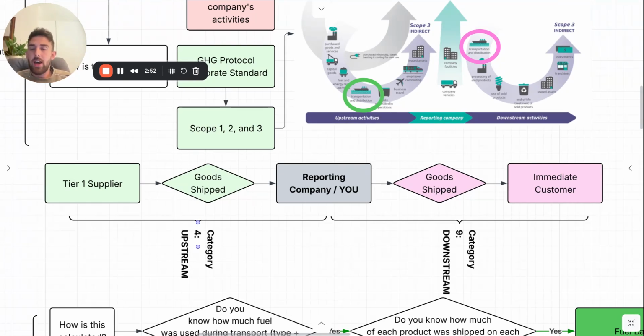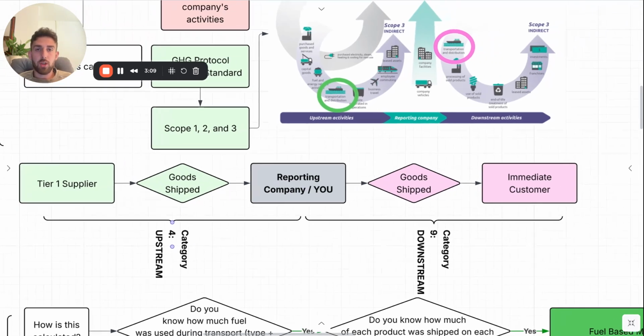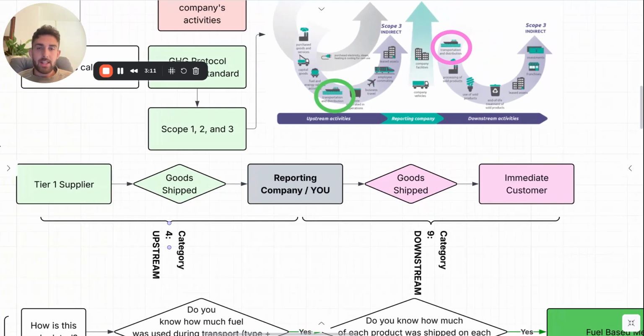So things like that. So the tier 1 supplier, let's just call them that, supplier A, shipped in through sea, air, or road. The emissions falling under these modes of transport would be category 4 and upstream transportation and distribution.